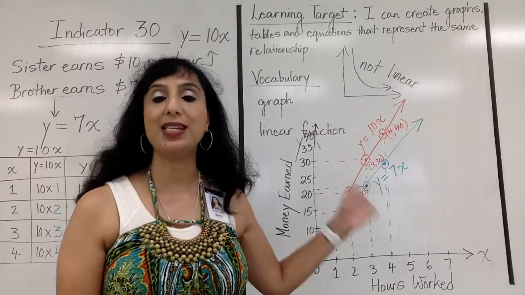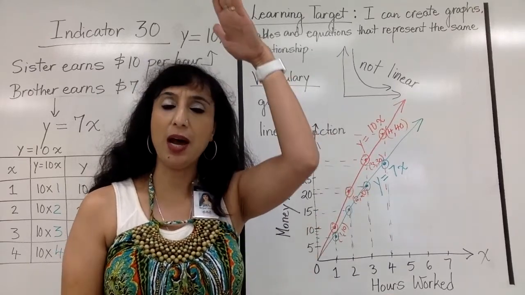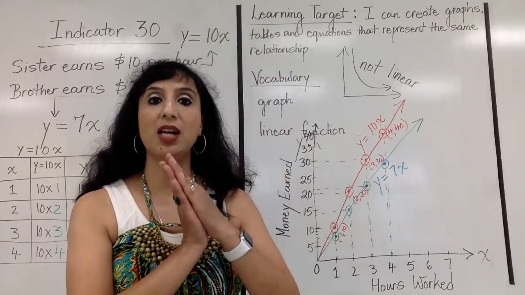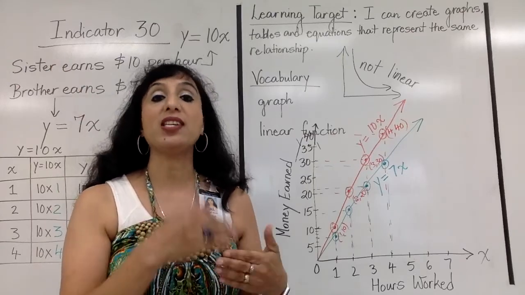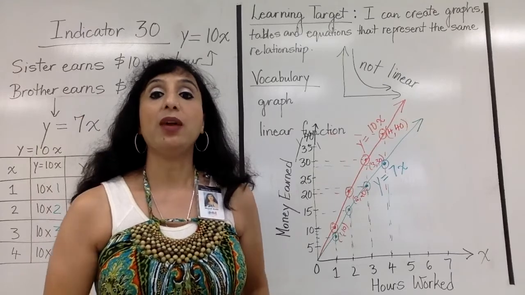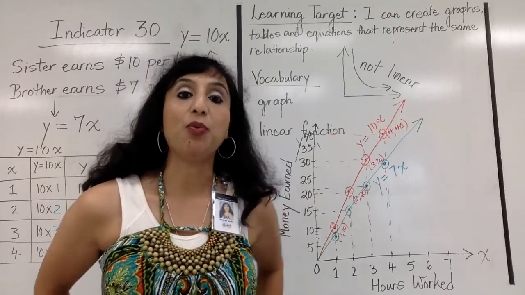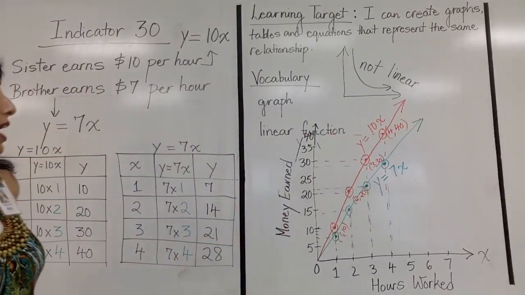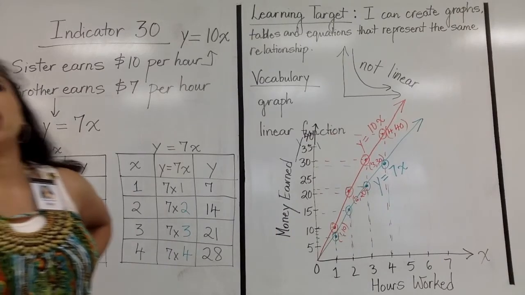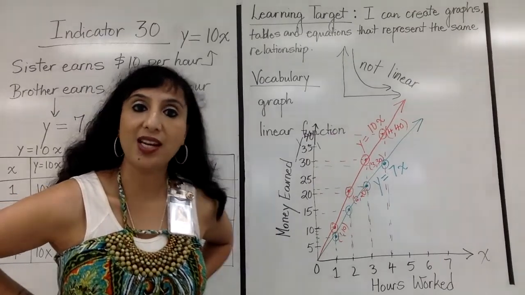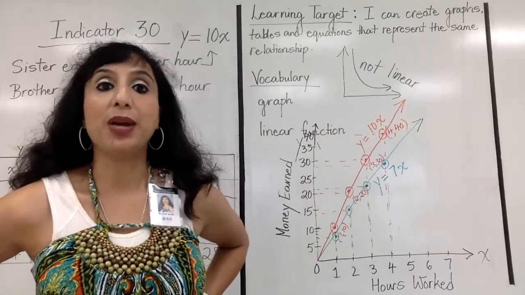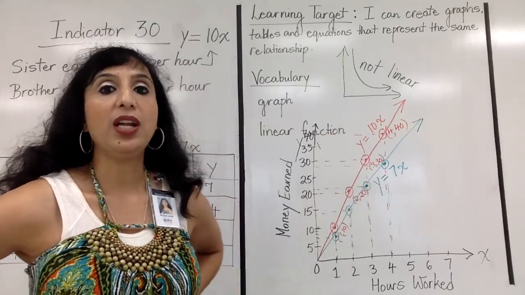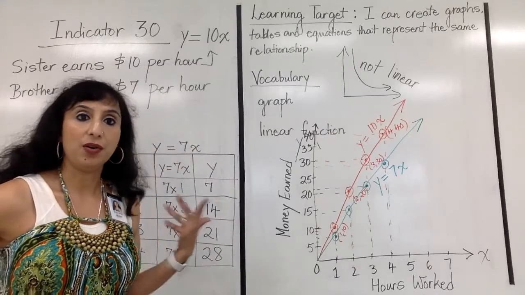So when you are comparing those graphs, you can easily see the one that's going straight up. Remember, steep means the incline of the graph, and which is rising faster. So that would definitely be your sister's graph. And that's because your sister is earning $10 an hour, which makes her income much higher compared to your brother, who is earning only $7 an hour.